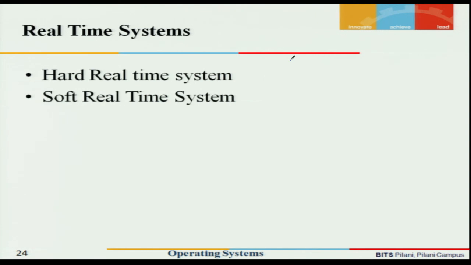We have a variety of examples of real-time systems. Say washing machines, cell phones, etc. are all examples of real-time systems, and these systems have differing requirements from the perspective of operating system design.